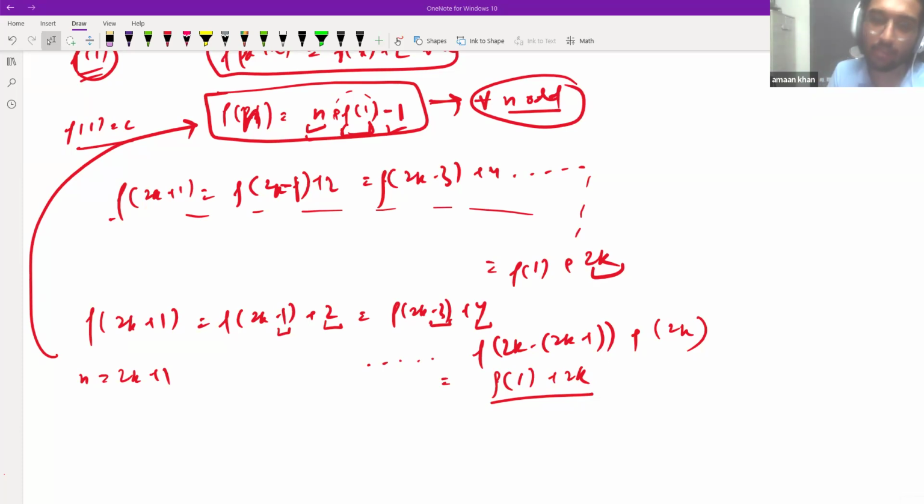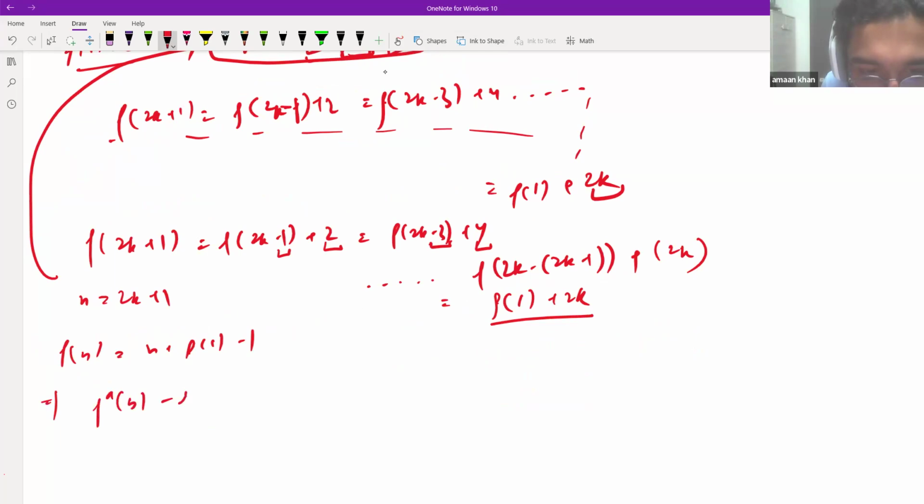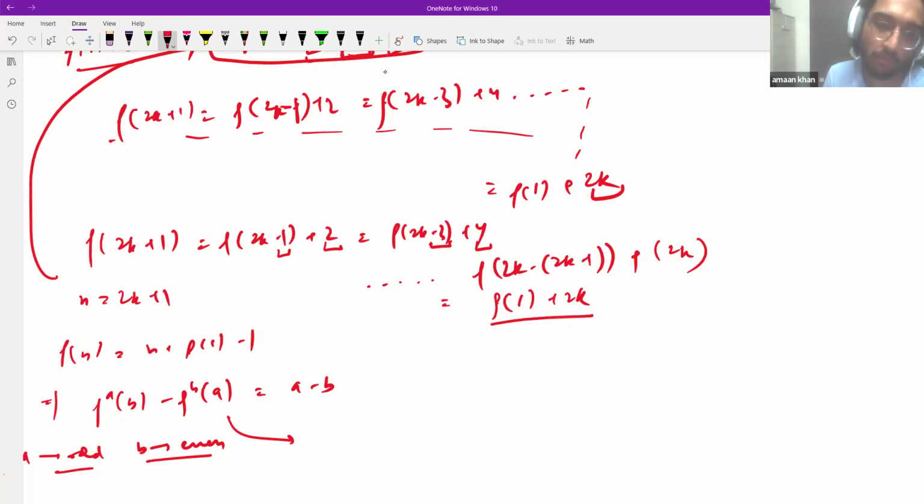In general, a good idea is always to substitute the thing you get into the original functional equation. So you do have f of n is n plus f of 1 minus 1, right? Let's try to substitute it in the original equation with one thing odd and one thing even, as we were doing. So let's put a as odd and b as even, equal to a minus b. Because a is odd and b is even, this is b plus 2a, right?